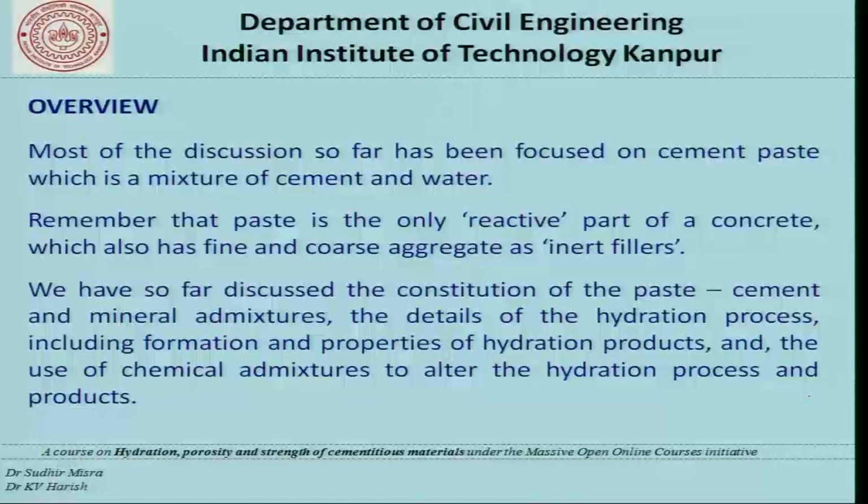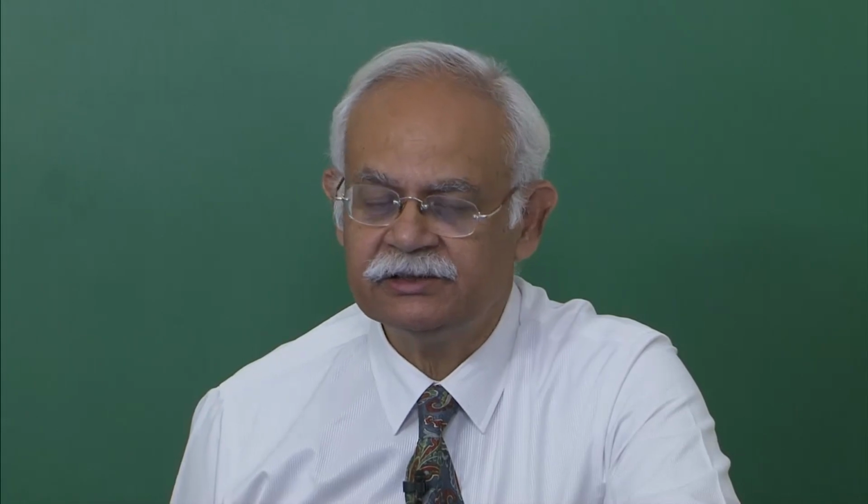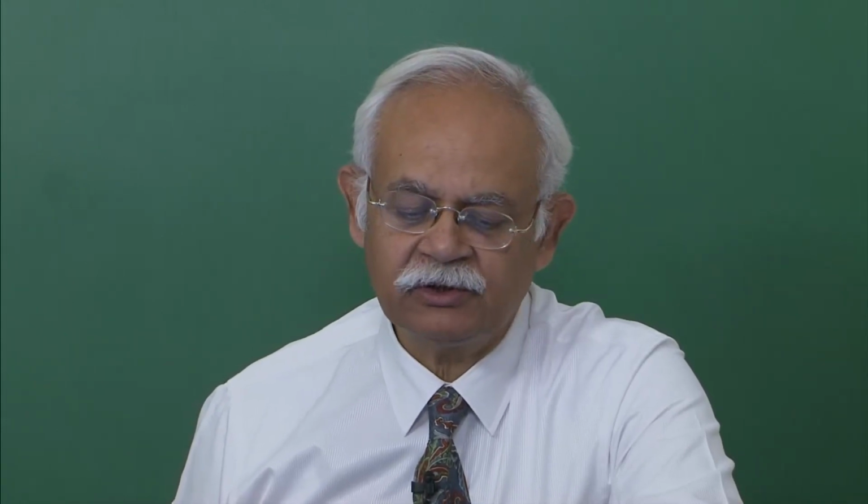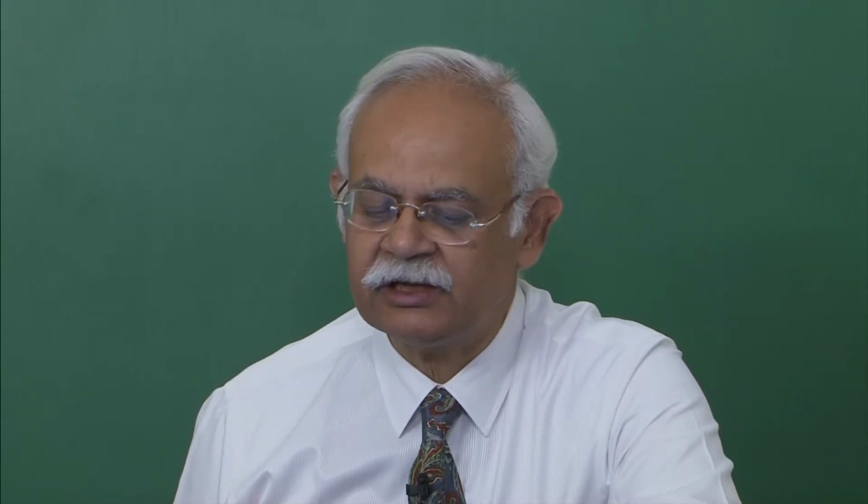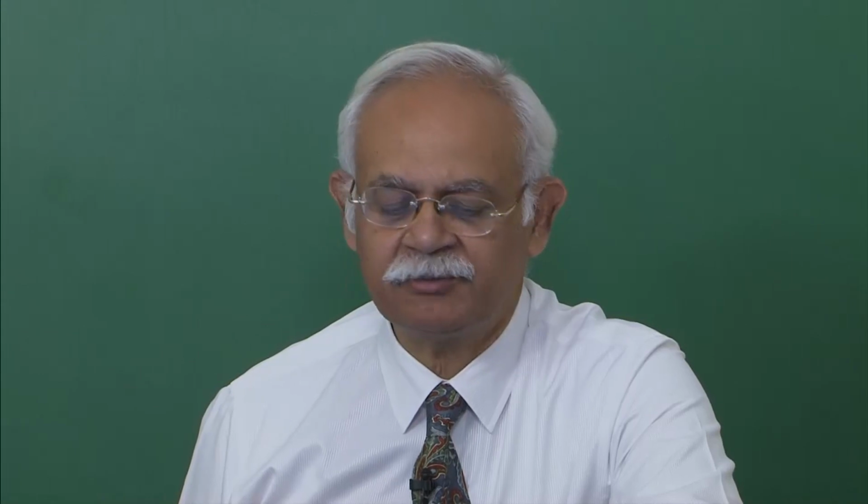We've also discussed the constitution of the paste in terms of cement being partly replaced by mineral admixtures, and the details of the hydration process, including formation and properties of hydration products, the heat of hydration involved, the hydration reactions, the kinetics of hydration, the mechanism of hydration reactions, the components of the cement in terms of the tricalcium silicate and the tricalcium aluminates, and in terms of the constituents of cement like C3A, C2S, C3S and so on, and of course also the use of chemical admixtures to alter the hydration process and the products.